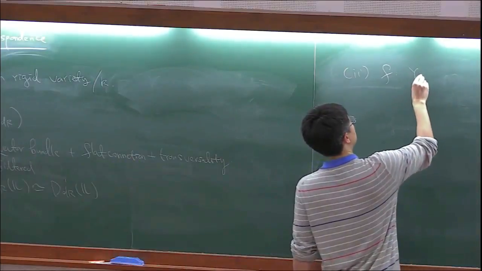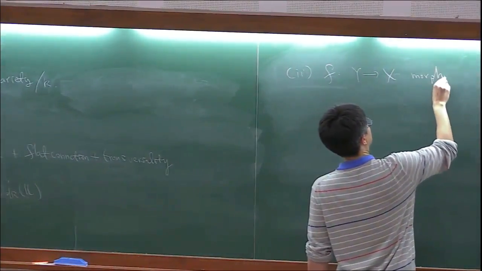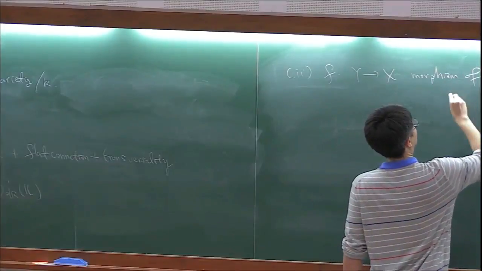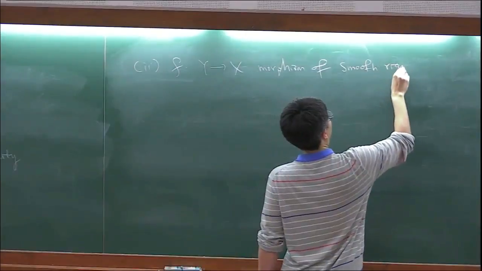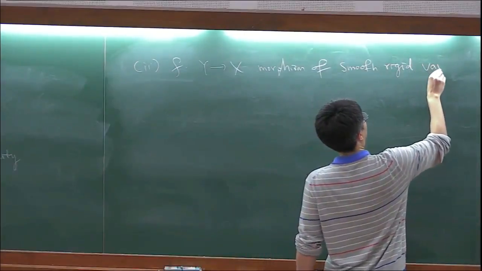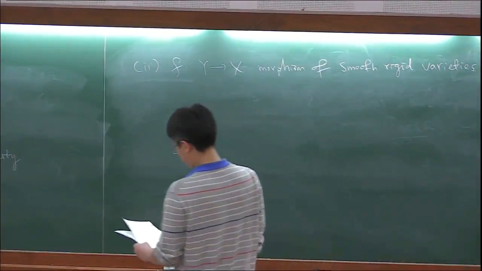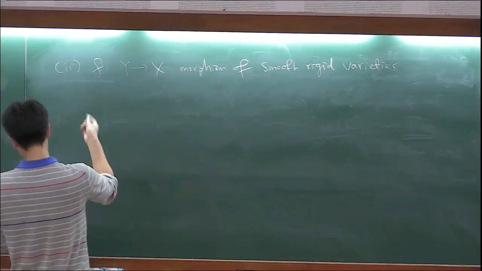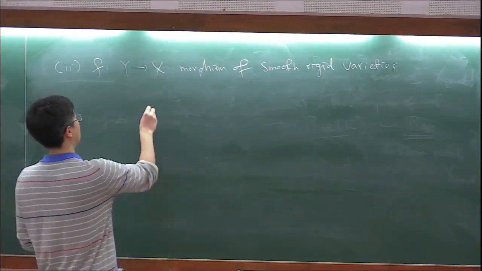It's a morphism of smooth rigid varieties. Then this functor DdR_i commutes with this pullback, commutes with this f.